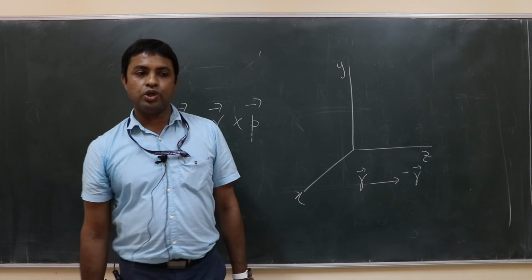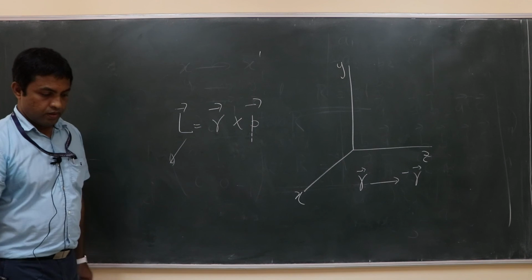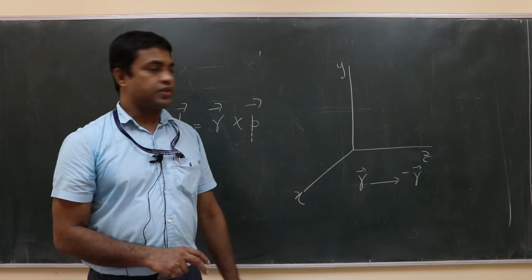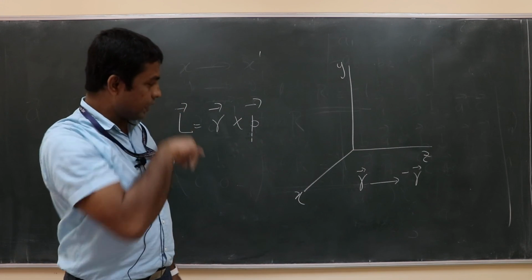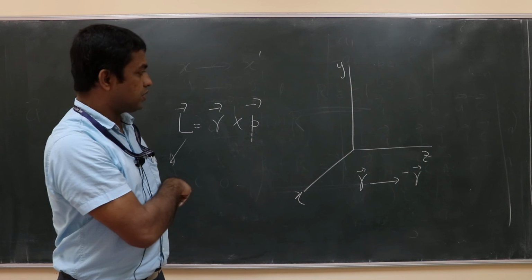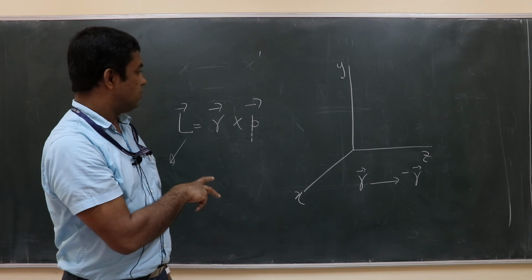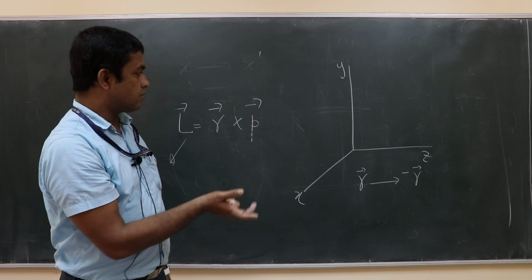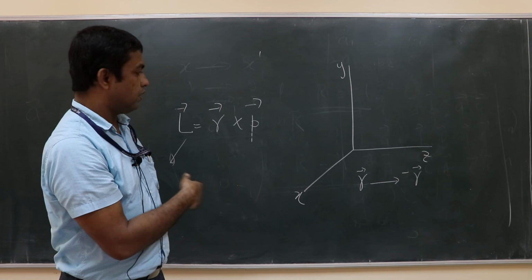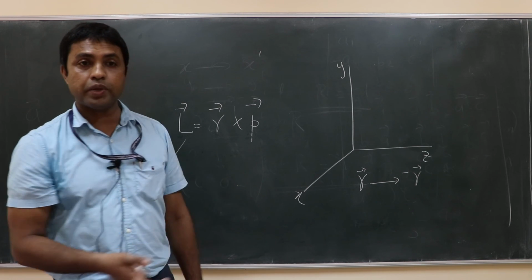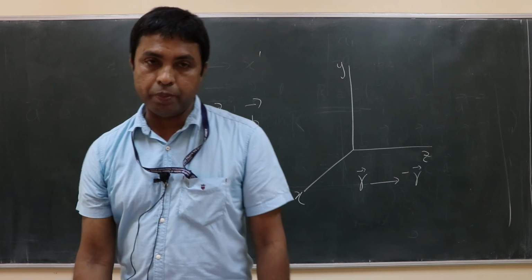Okay, so now you have understood the index notation, rotation, what a proper rotation and an improper rotation are, and what a tensor is. So any question on this part? I think we can move to the new topic in the next class.